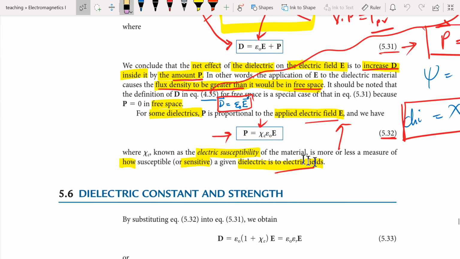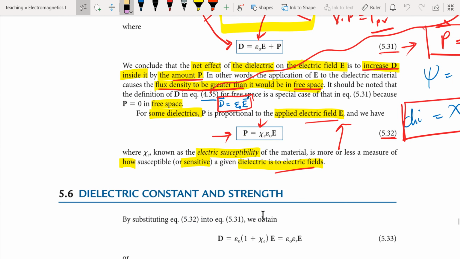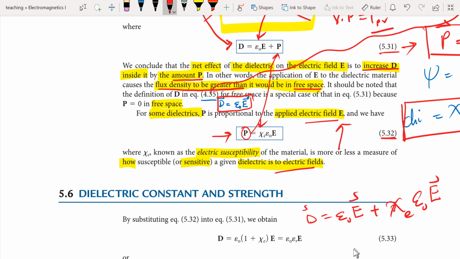From the equations that we have met above, that is 5.31 and 5.32, we can combine these two by simply replacing P in this equation here, and therefore you are going to end up with D, the electric flux density, which is a vector, as epsilon naught E, a vector, plus chi epsilon naught E. And of course, we can factor out epsilon naught and E. And when we factor out epsilon naught, we get equation 5.33.